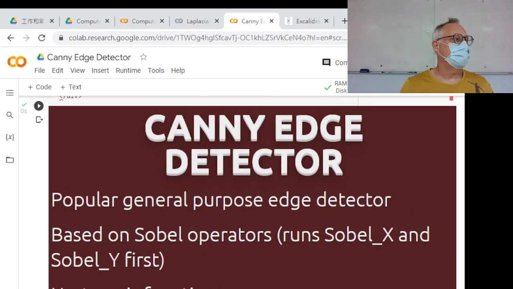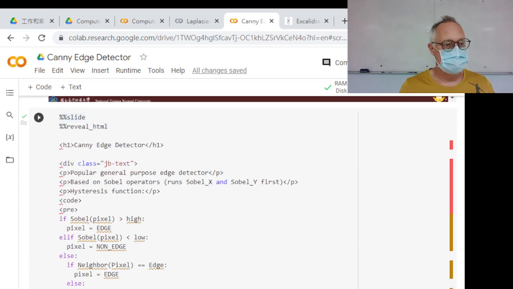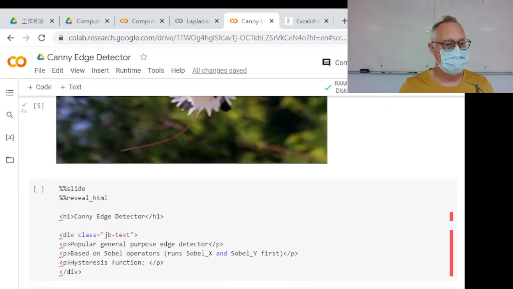So this is sort of an extended algorithm. You have to do several passes over the edge pixels. You cannot implement it using a simple convolution mask. The first steps, of course, Sobel X, Sobel Y, are using the convolution. But you have two passes of convolution, then you need to check for the hysteresis function and the non-maxima suppression. But it runs fast enough, so you don't need to be concerned about the runtime of that algorithm.